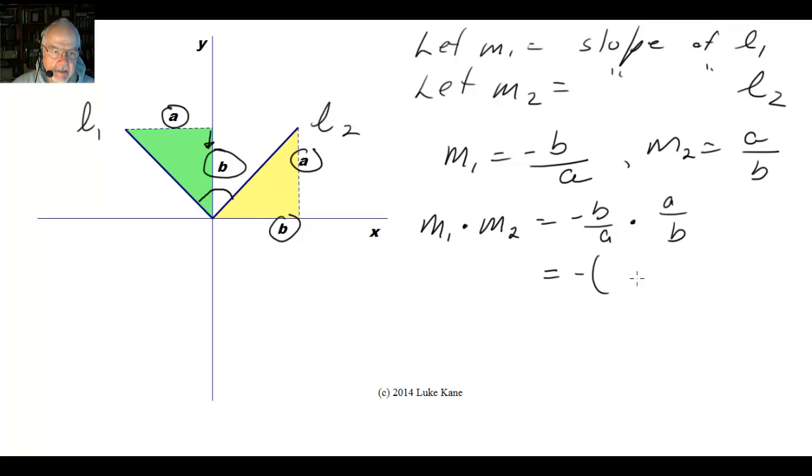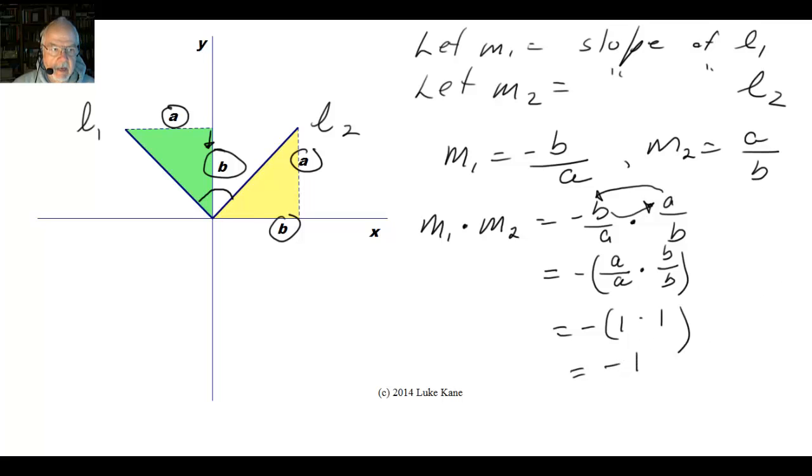Let's take the minus out, put a parentheses in, and let's put the A over here and the B over there. Since we're dealing with multiplication, multiplication's commutative, we can do this. So we get A over A times B over B, which is the same as minus 1 times 1, which is the same as minus 1.